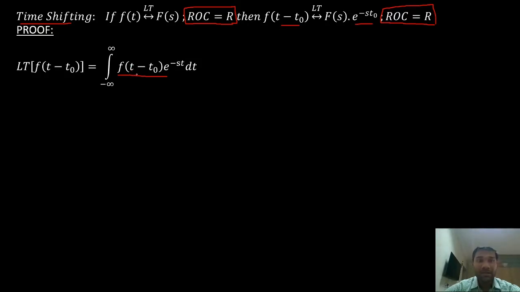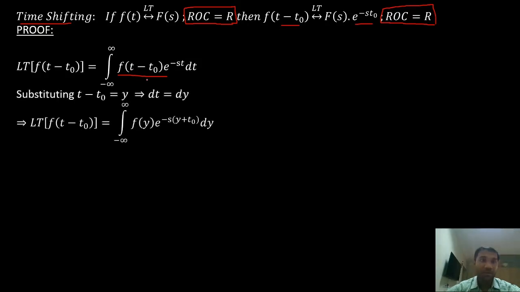Now t minus t naught, I'll replace it with y, a dummy variable y. So if I replace t minus t naught equals y, then what is dt? dt is equal to dy. Since t naught is a constant, differentiation of a constant is going to be 0. So dt equals dy.